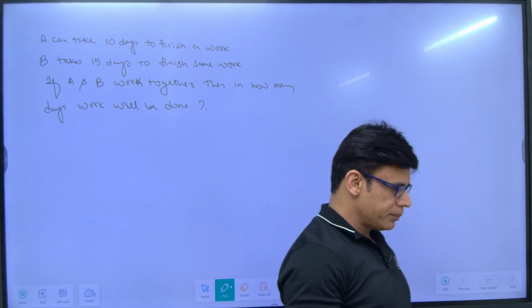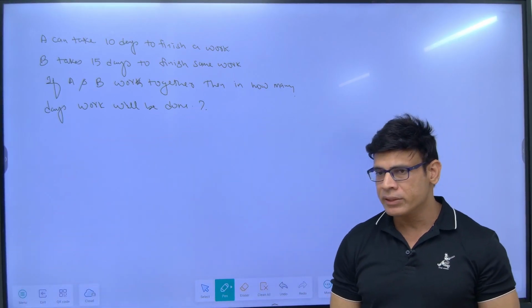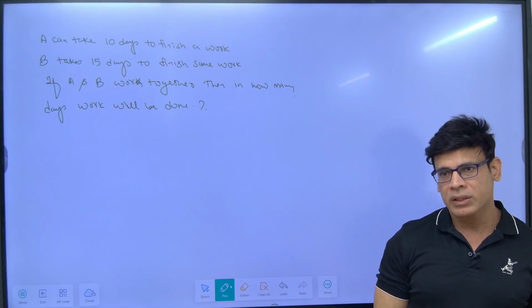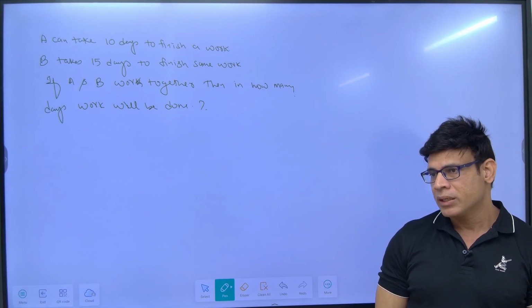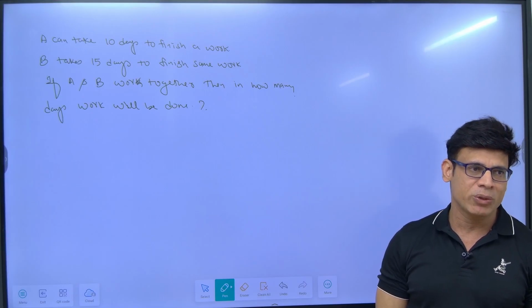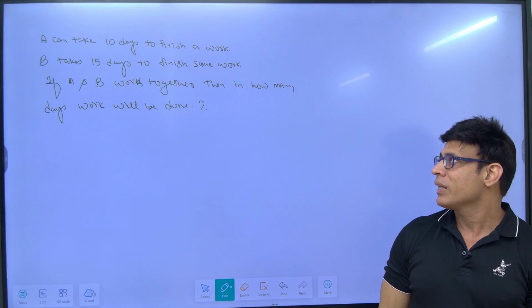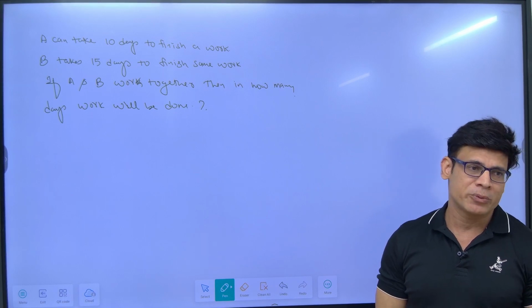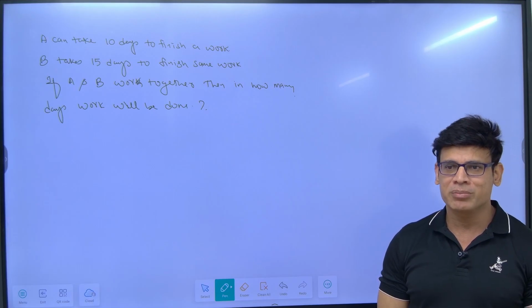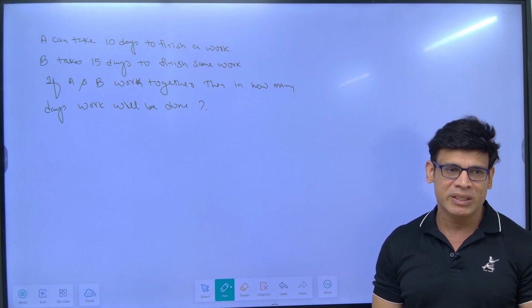It's not the average because their efficiencies are different, right? They're not working at the same efficiency. Because if A is taking 10 days and B is taking 15 days, that means B is slower. So don't take the average of 10 plus 15 divided by 2. First of all, it cannot be, right? Average is different from efficiency and rate of doing work.